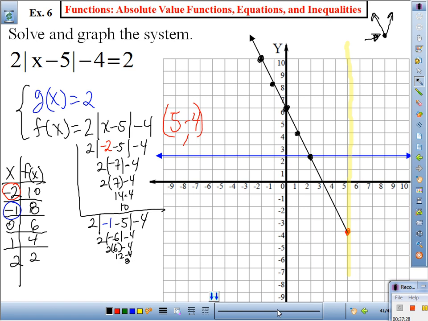Can you give me one of those points? Help her out, Rosina. What is it? 7, 0.